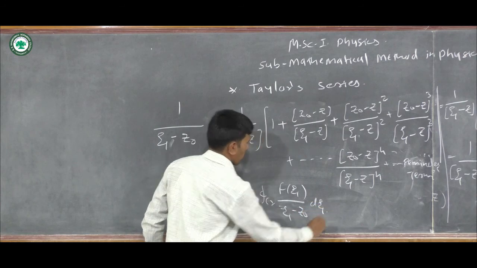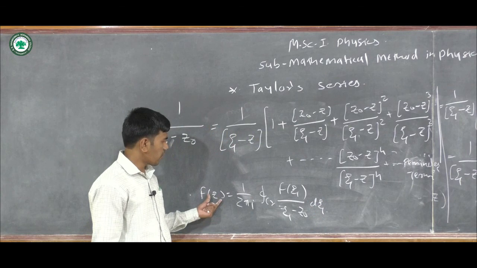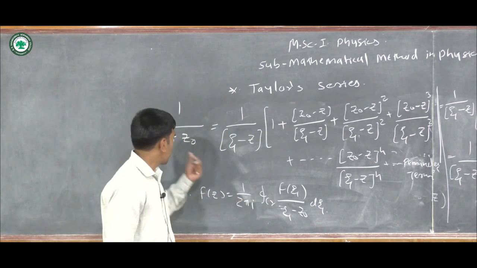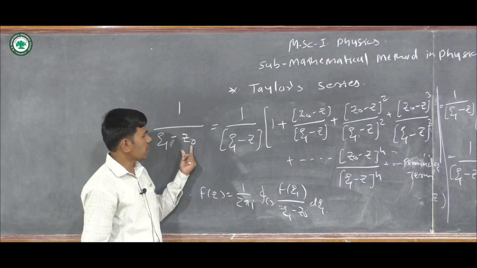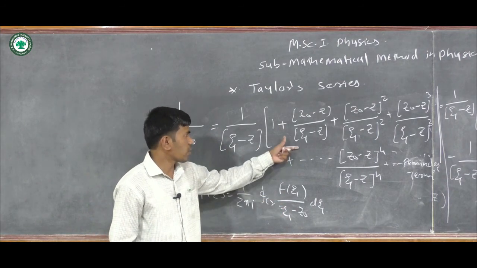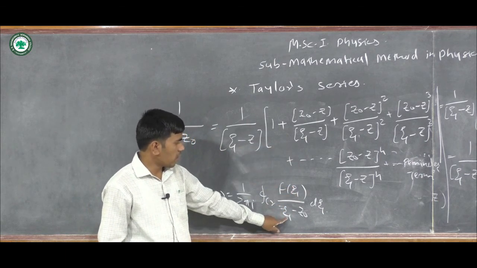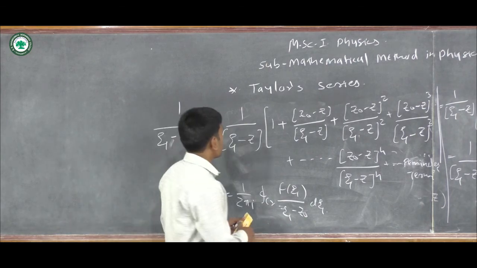Okay, this is the expression we considered using the Cauchy integral formula. And this denominator term, that is 1 by psi1 minus z naught, is this thing. So if I put these expressions into this equation, then it is like this.